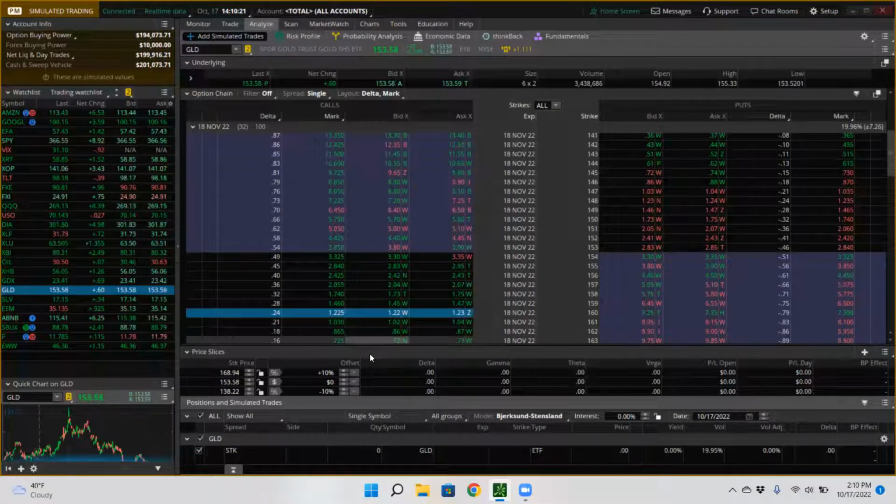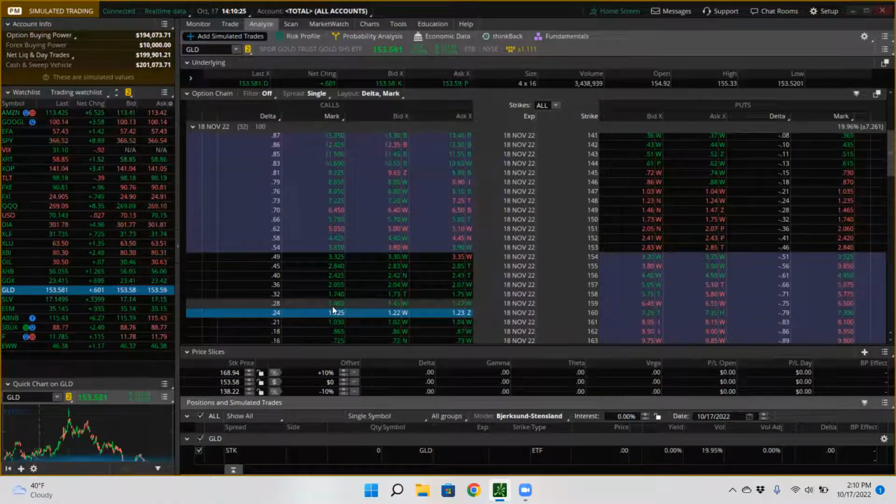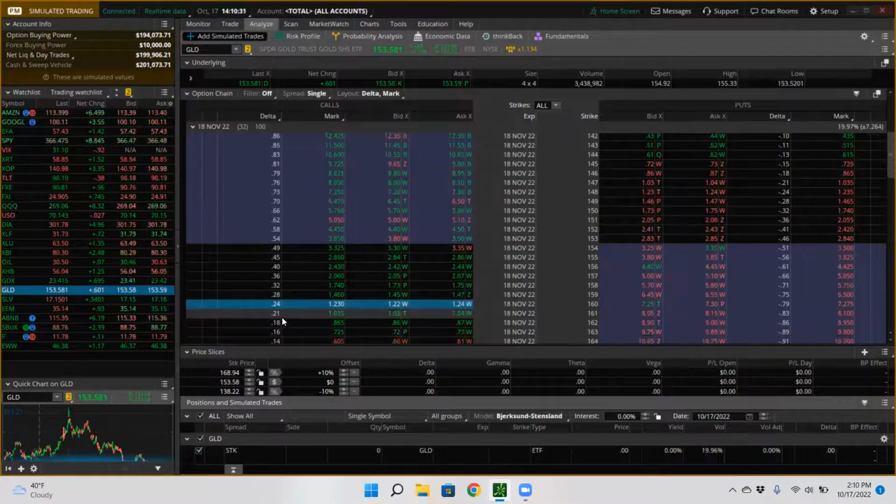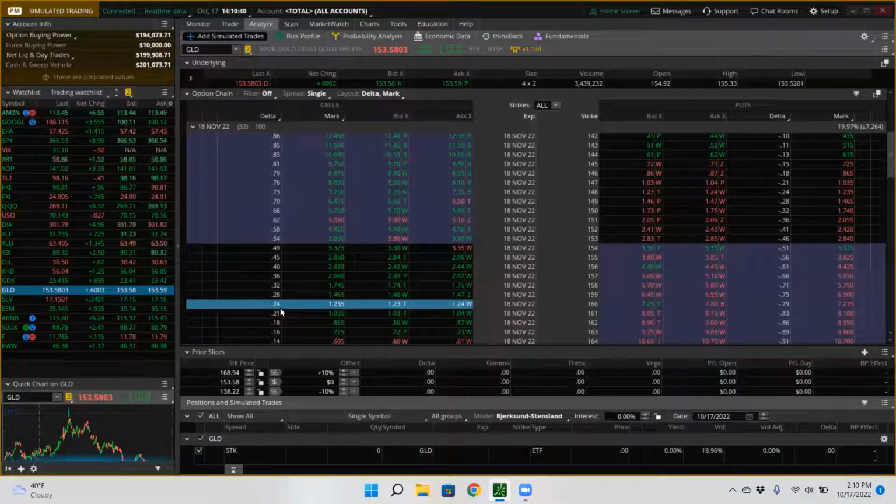So delta also has a second characteristic. It not only gives us what's considered a price derivative, but it also gives us a probability that this strike price will end in the money. So if we look at the 24 delta on this, it is essentially saying there's a 24% chance that this strike price will end up at this blue line in the money here.